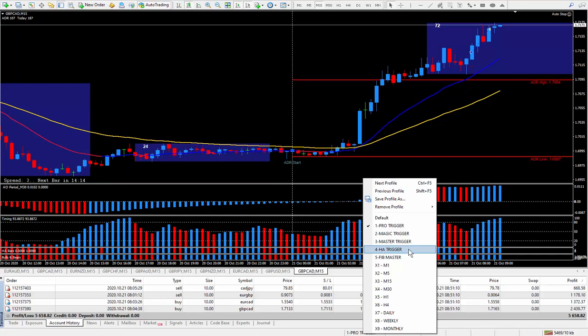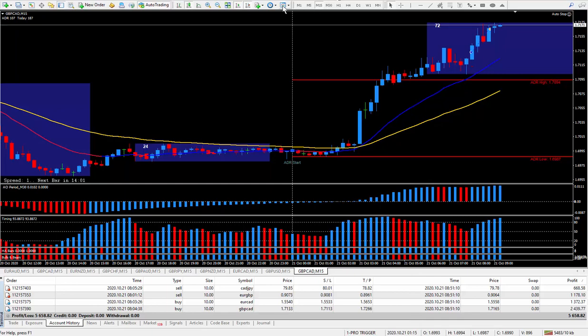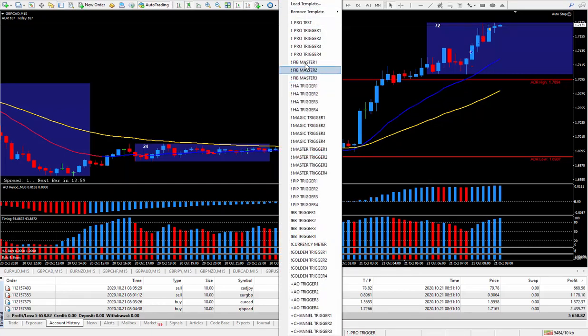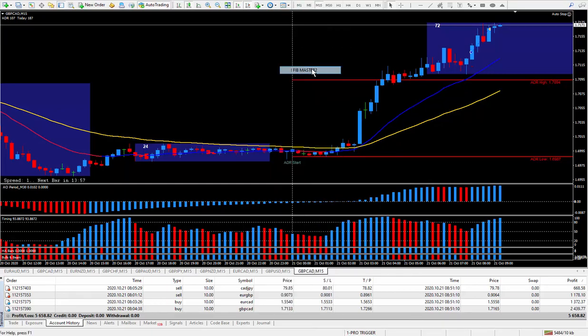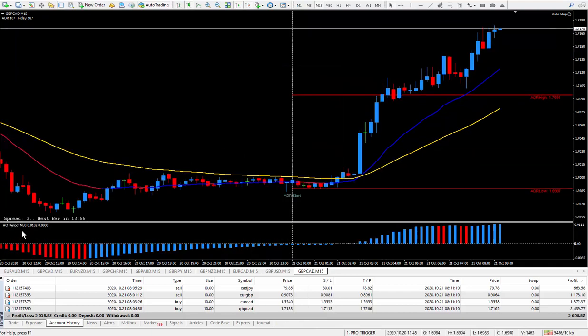And of course, I threw in a profile in here for my Fib Master, but it's a lot more cleaner charts, which I can show you. Let's see, fib number 2, I put AO on 30 minutes here.